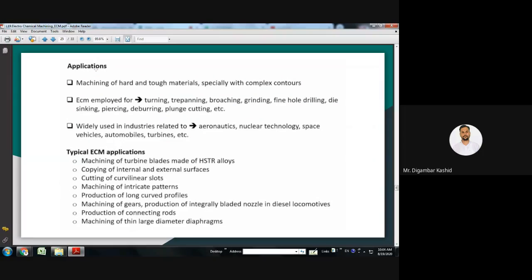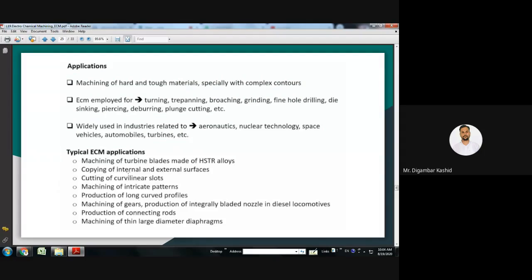Here I have shown some typical examples of these ECM applications. That means the machining of turbine blades, which are made of high strength temperature resistant alloys; for that machining we can use ECM.